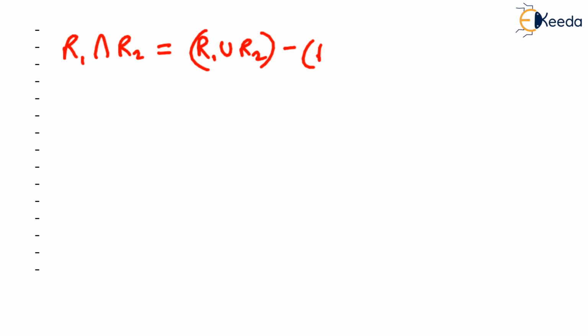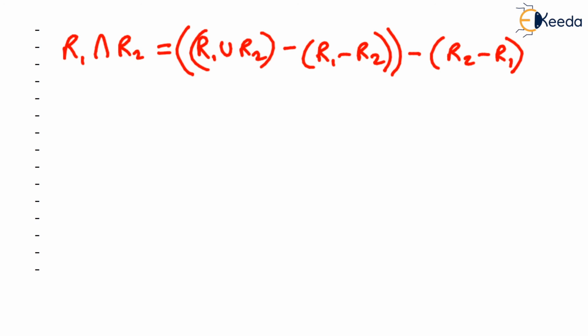It can be written as: find the union of R1 and R2 and subtract from it R1 minus R2. And the result of this should be subtracted with R2 minus R1. Isn't it so?